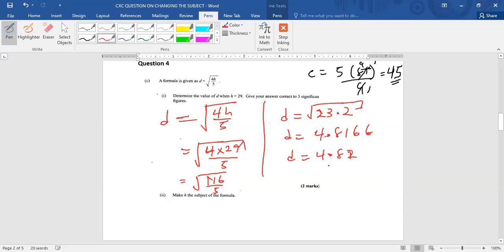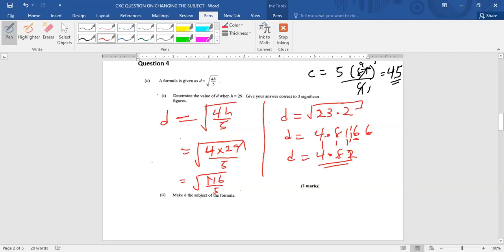So remember that for significant figures, you start counting from the first number greater than 0. So 1, 2, 3. You stop right here and analyze the 6. If it's 5 or more, you add 1. So you get 4.82.